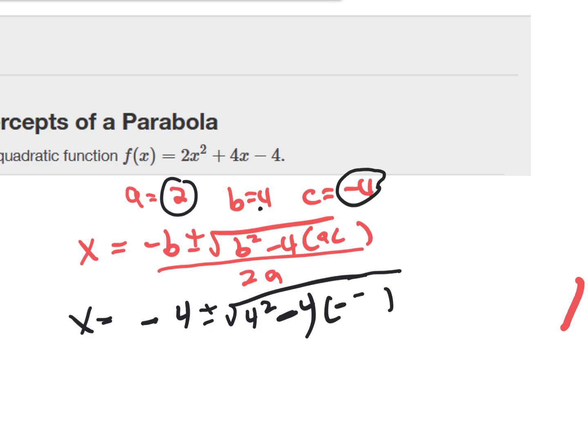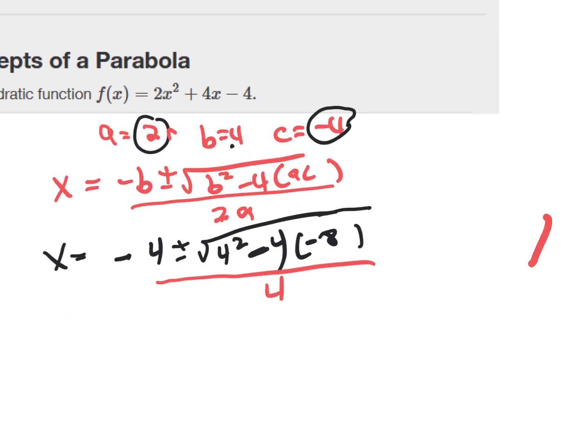That's a negative 8. All divided by 2 times a 2, which is a 4. Let's see if we do the math correct. Equals negative 4 plus or minus the square root. 4 squared, 16. Minus minus becomes a plus. 4 times 8 is 32.